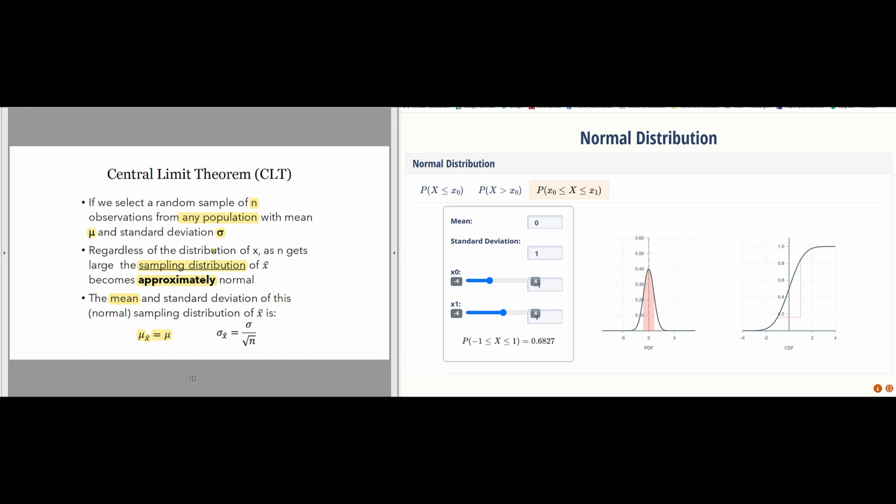So the mean of our sampling distribution is going to be equal to the mean of the underlying population, even if the underlying population is not distributed normally.